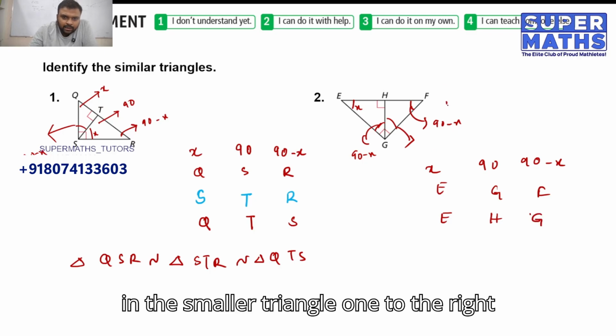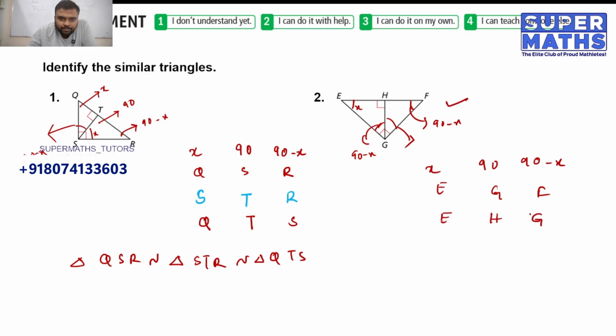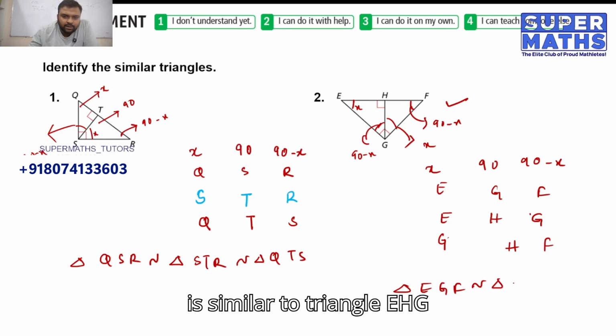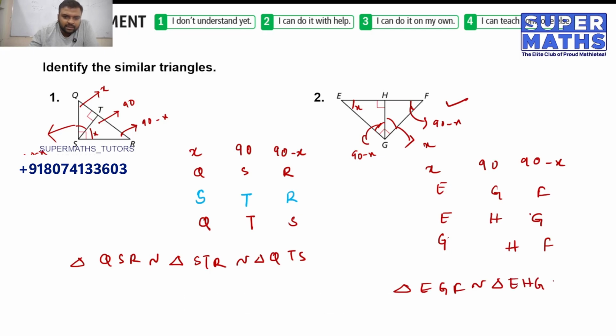In the smaller triangle on the right side, you have GFH. So triangle EGF is similar to triangle EHG is similar to triangle GHF.